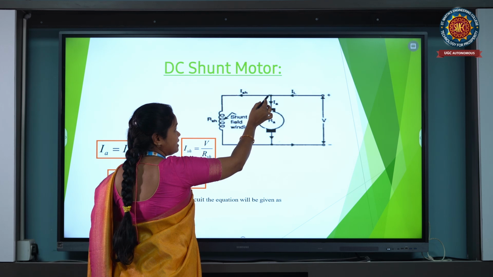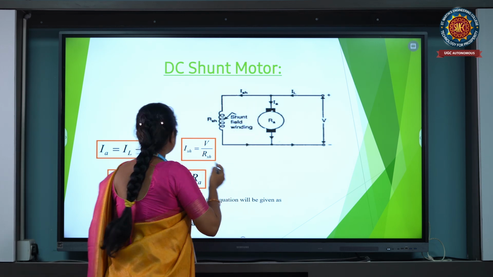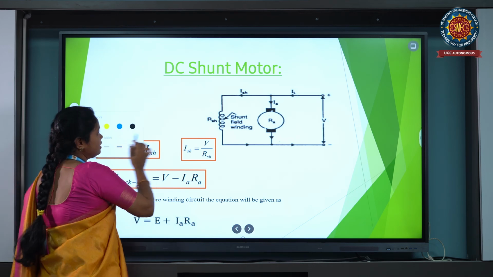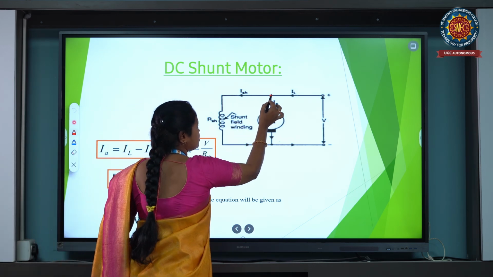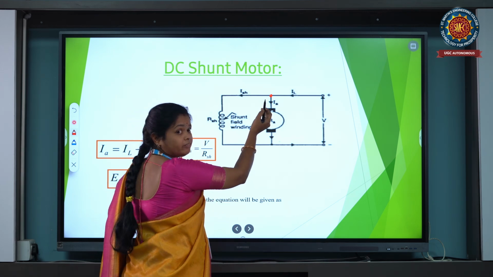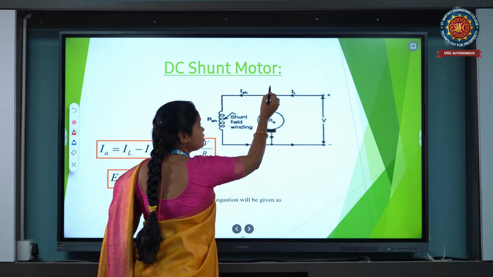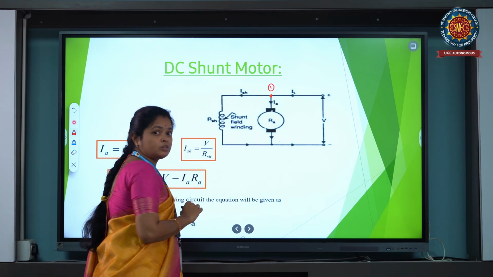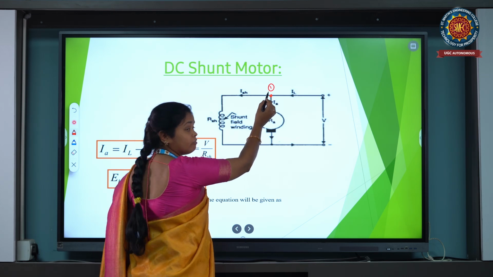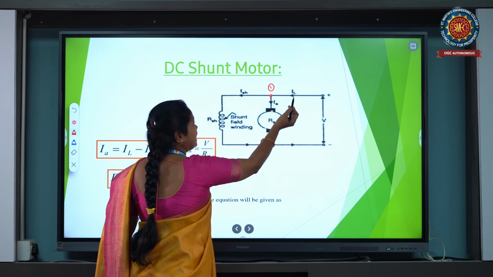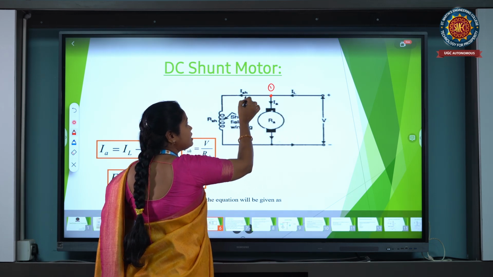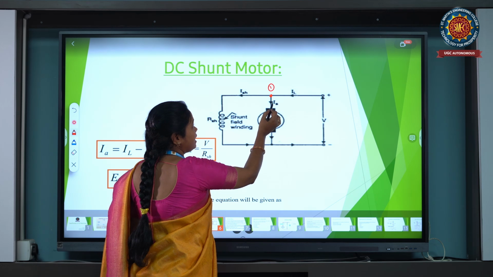According to KCL, the sum of the entering currents is equal to the sum of the leaving currents. Take this point as a node. The entering current is IL, and the leaving currents are ISH and IA.